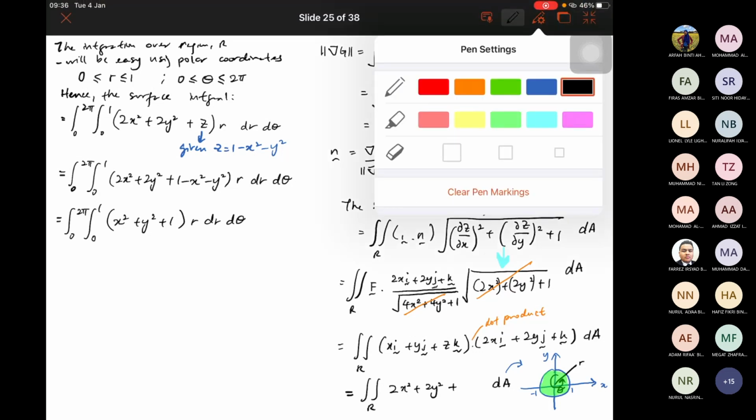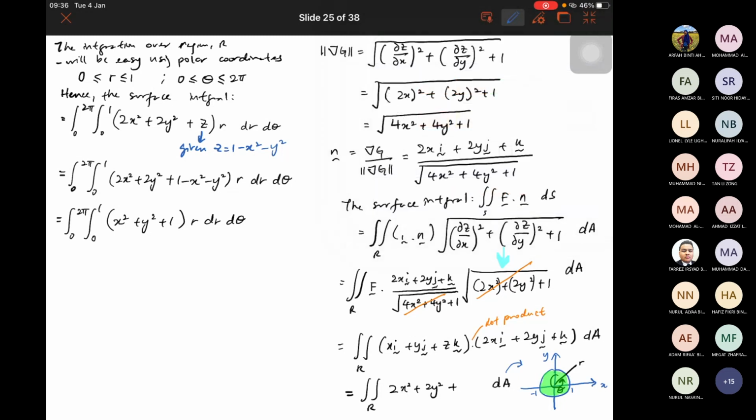So x squared tambah y squared akan sama dengan r squared. Okay, change to polar coordinate, x squared plus y squared equal to r squared. So integration 0 to 2 pi, 0 to 1, r squared plus 1 multiply with r dr d theta.